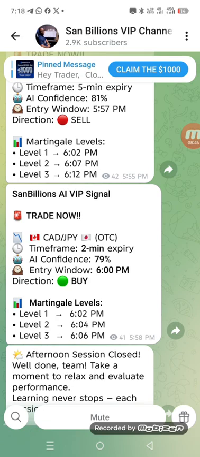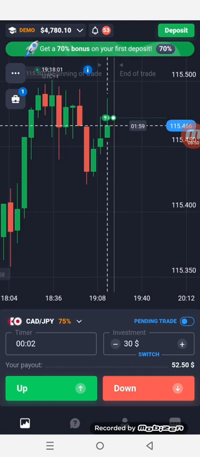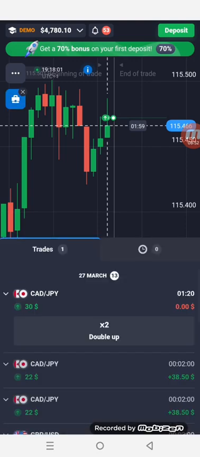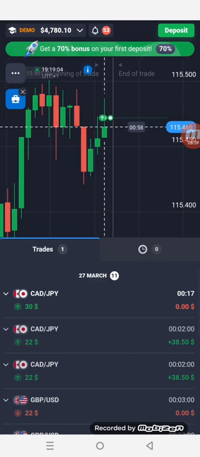So this is how you copy a signal. Now, we have copied a signal, and currently this one is going. If you go here and check, you see currently we are losing this trade. You see we used $30 to trade this. Currently we are losing the trade, and the trade is ending by 0. Once it gets to 0, the trade has ended. So currently, if you see here, it's showing 9, 8, 7, 6.